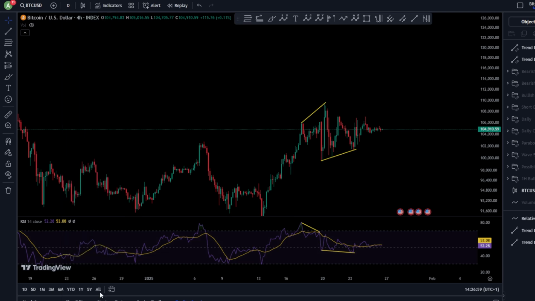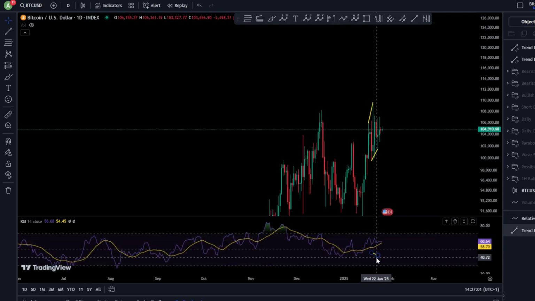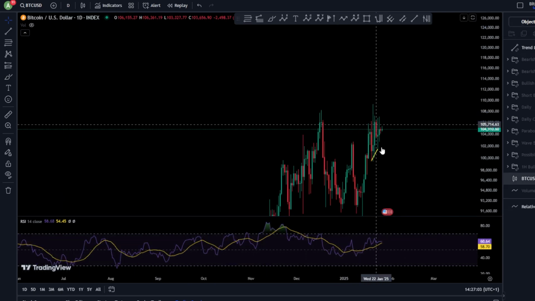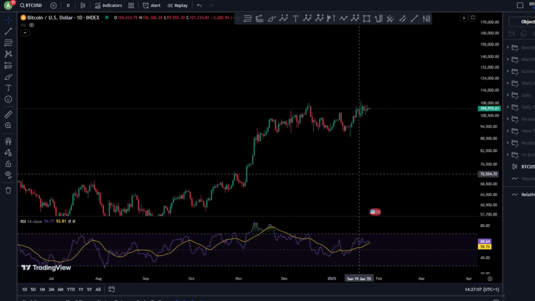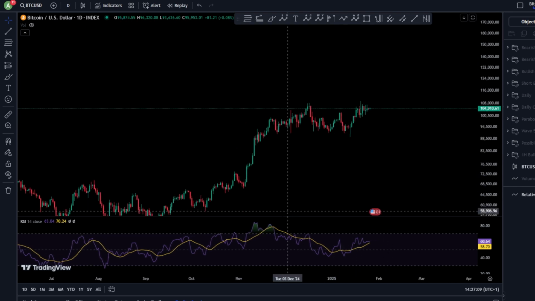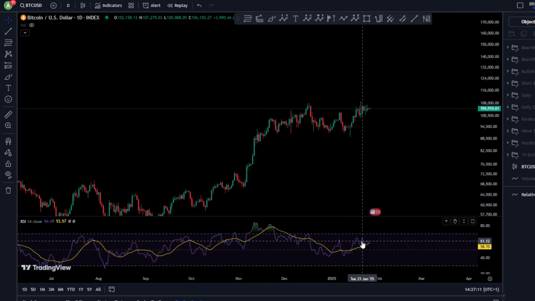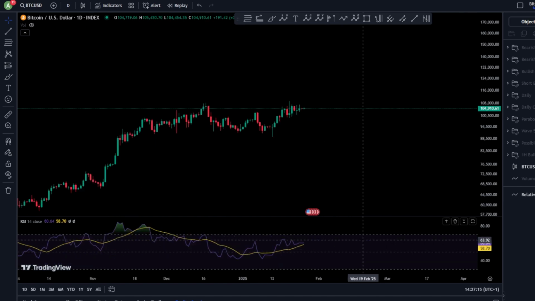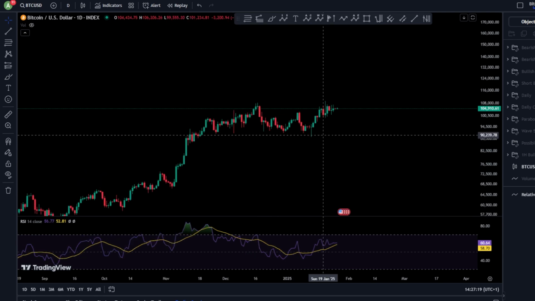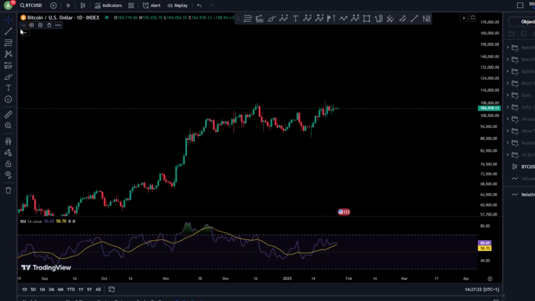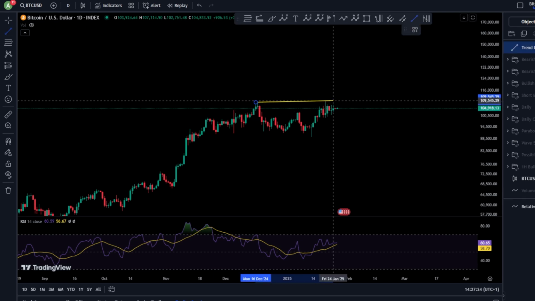On the daily chart, let's move to the daily. Let's see a bigger view as well. Nothing very important here. I think on the daily, we have very sideways movement, the same as for the RSI.